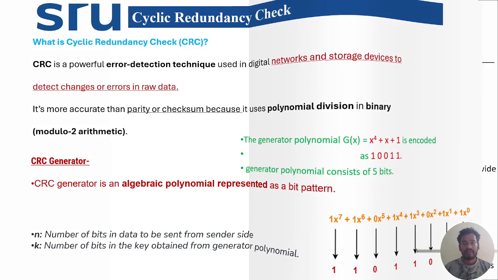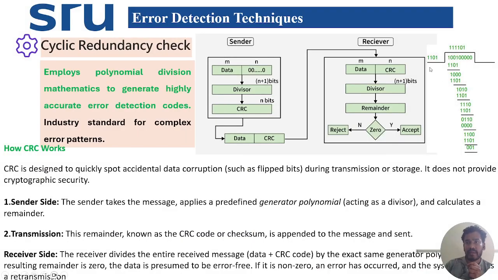I will explain here. We consider this a generated polynomial key, and based on this key we call the bit count L. Based on this L, we need to add L minus 1 zeros at the end. Here 4 bits appear, so 4 minus 1 is 3.